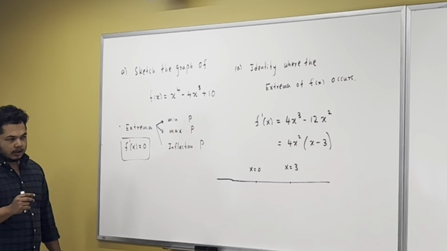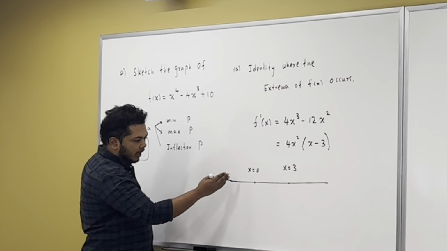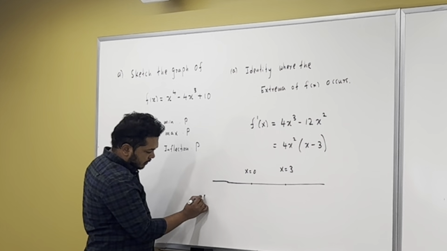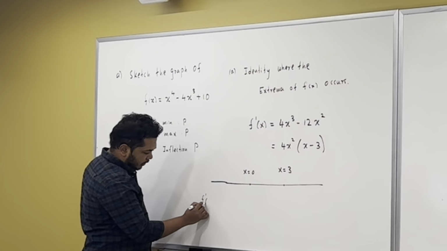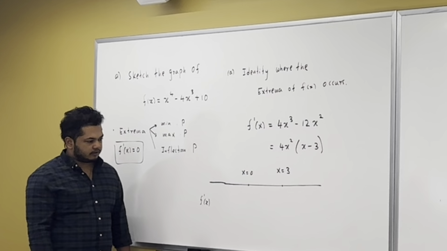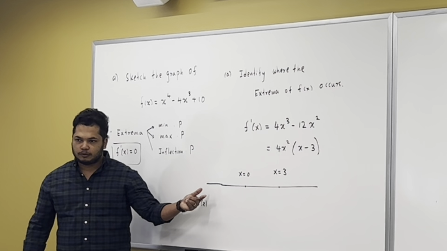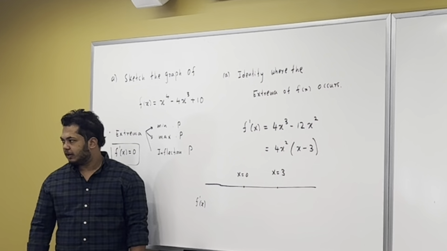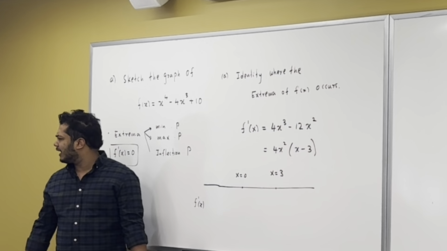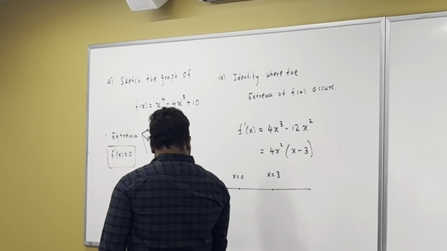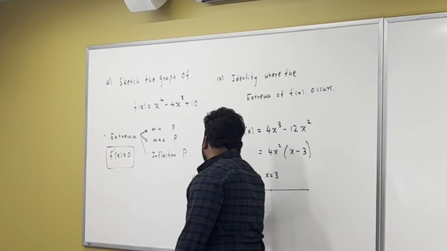Now you have to think about what happens for x less than 0. I'm going to talk about the derivative, f'(x). Tell me what happens if you take any number less than 0. What happens to your derivative? Just plug in like -1, or whatever number below that. So I'm talking about the interval from negative infinity to 0.